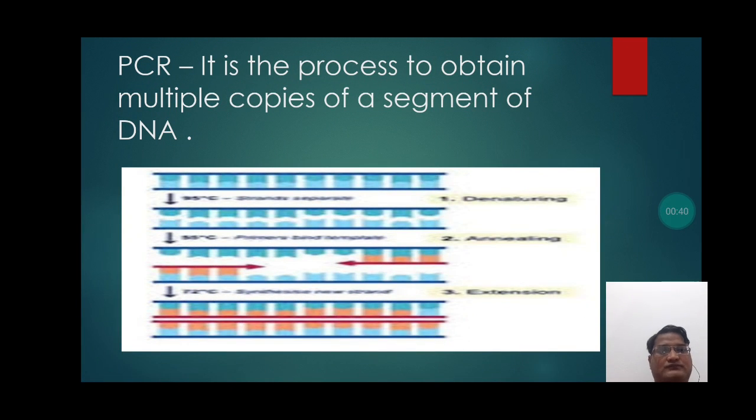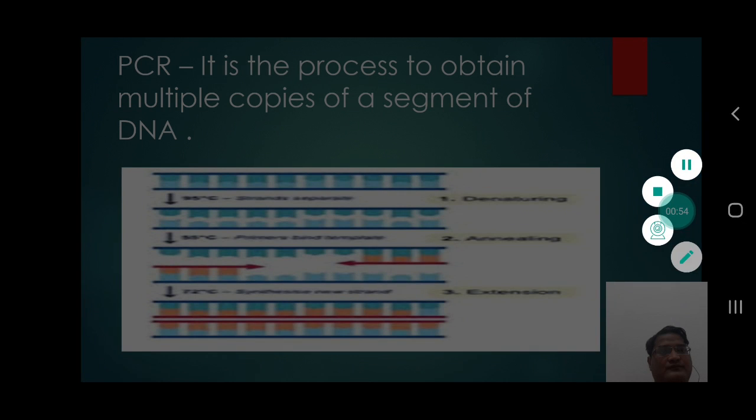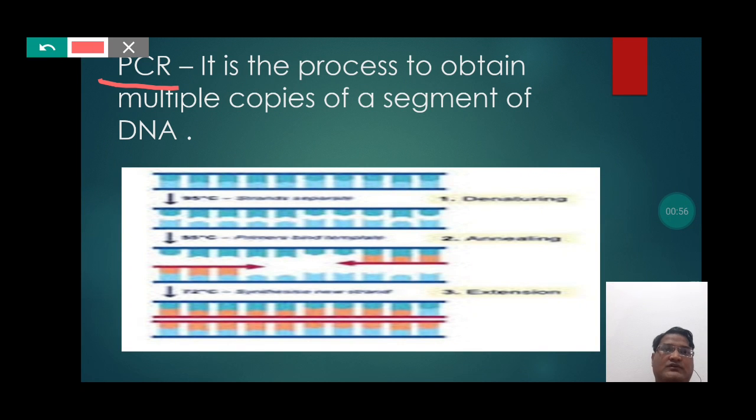PCR is a process to obtain multiple copies of a segment of DNA. So students, PCR actually is a process in which a huge number of copies are made from a small piece of DNA.